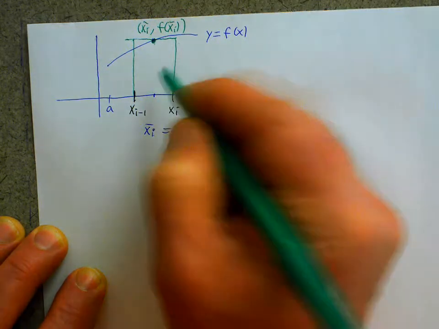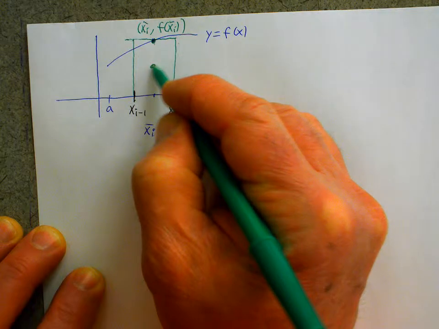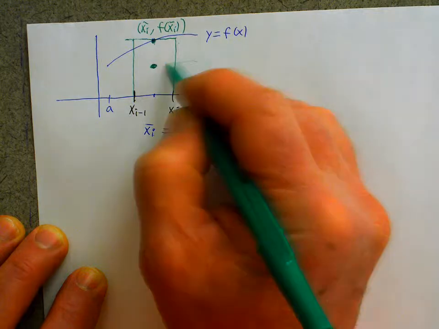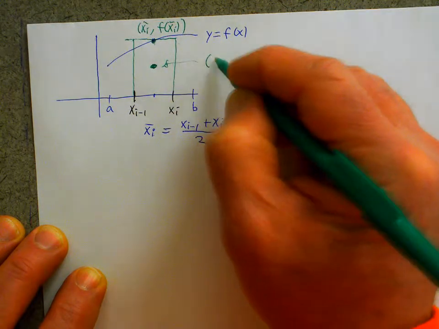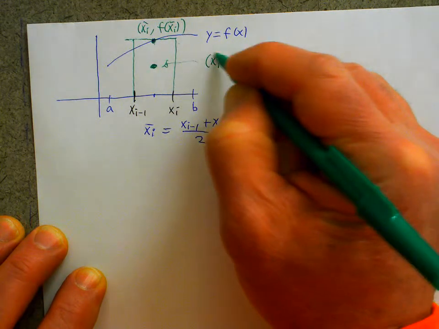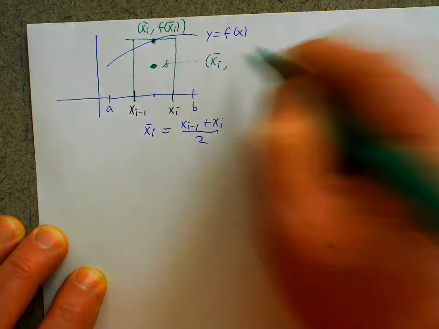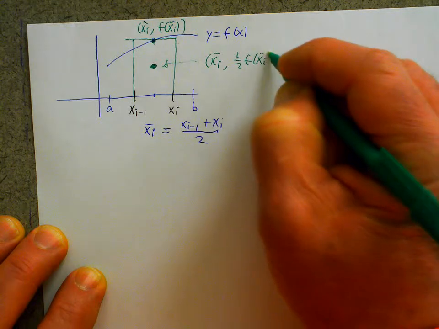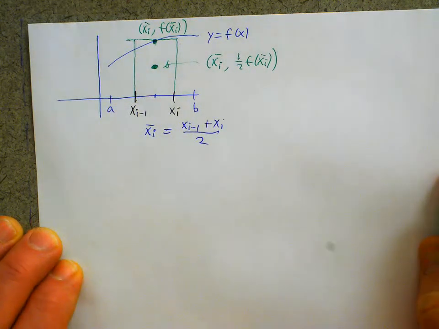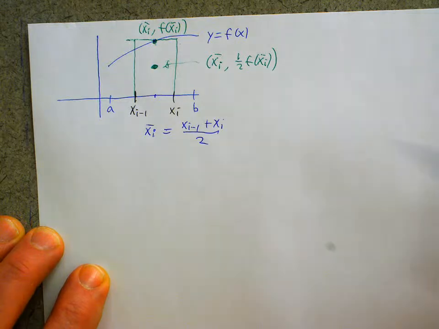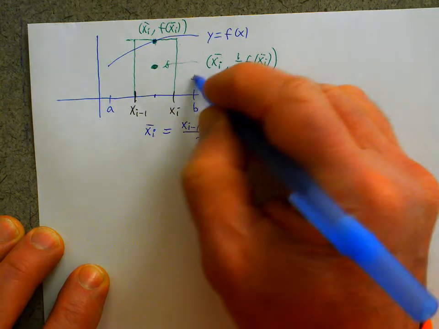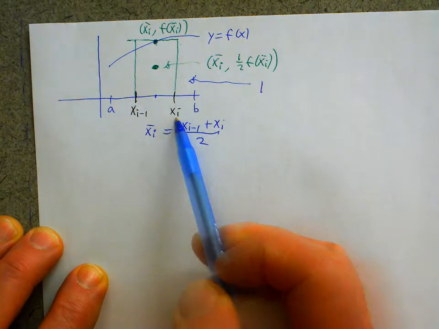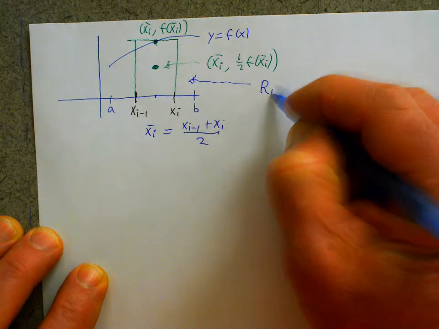And the centroid, or the center of mass of that rectangle, has x-coordinate x sub i bar, and y-coordinate 1/2 f of x sub i bar. We refer to that rectangle on the interval from x sub i minus 1 to x sub i as the rectangle R sub i.